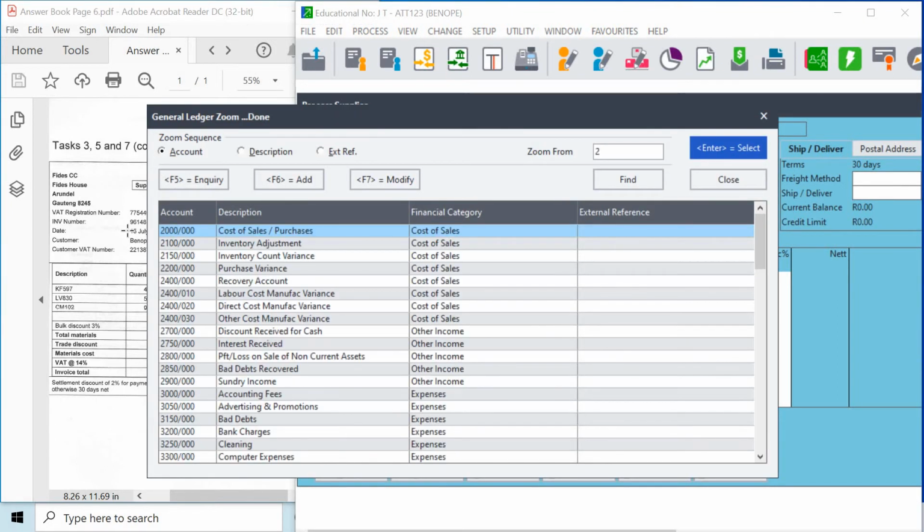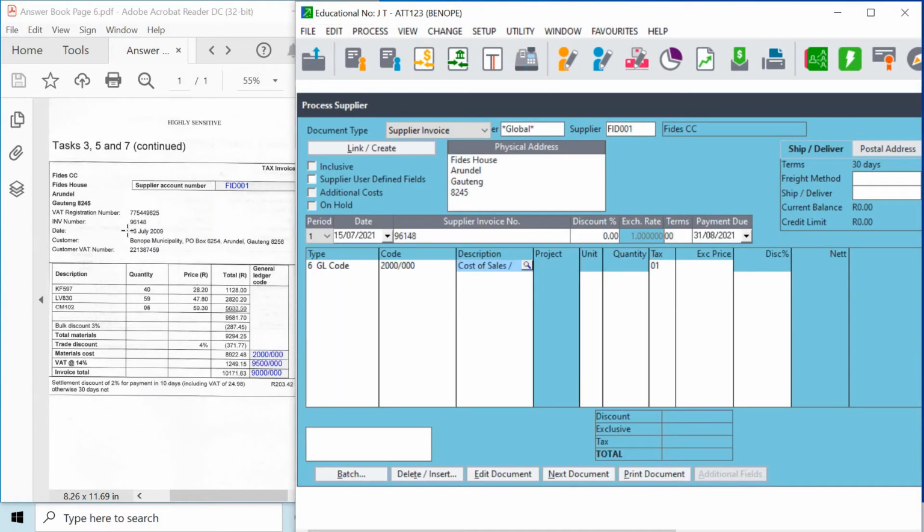Select account number 2000 for cost of sales purchases. Change the description to the description of the item KF597, followed by the quantity and cost per item. 40 times 28 Rand 20, total being 1128.